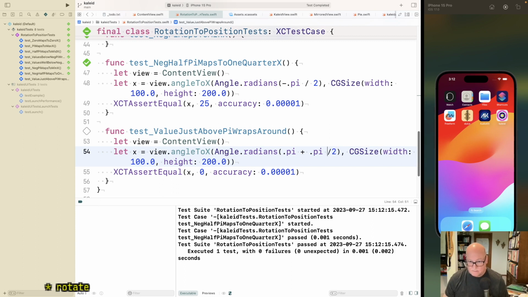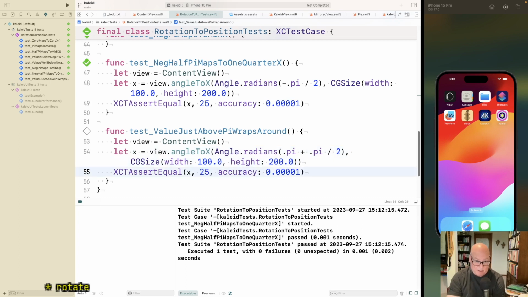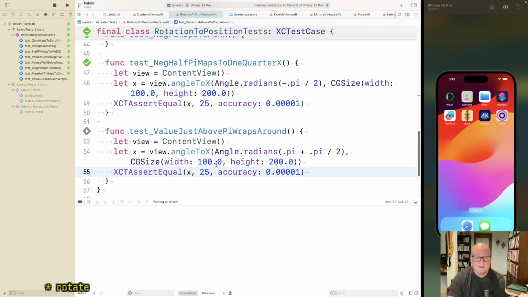Okay. That's bigger than pi. So it should subtract 2 pi. And then we have minus pi plus pi over 2, which is pi over 2, which we know should be 25. Except this will fail because we don't do any subtracting when it's too big.